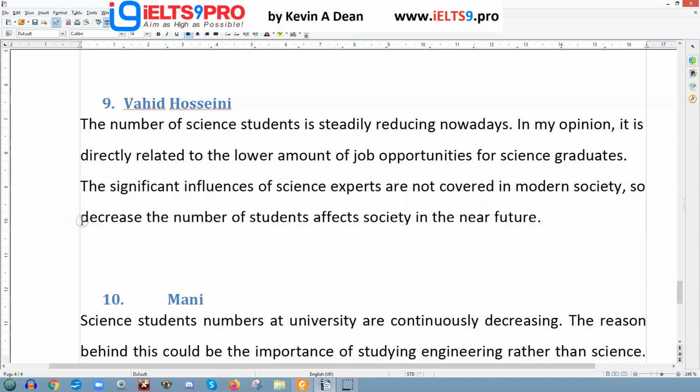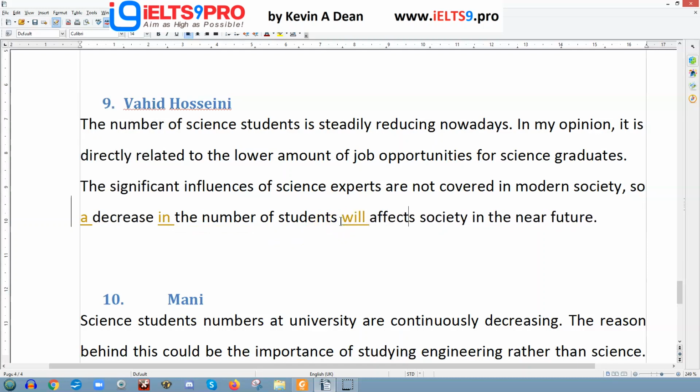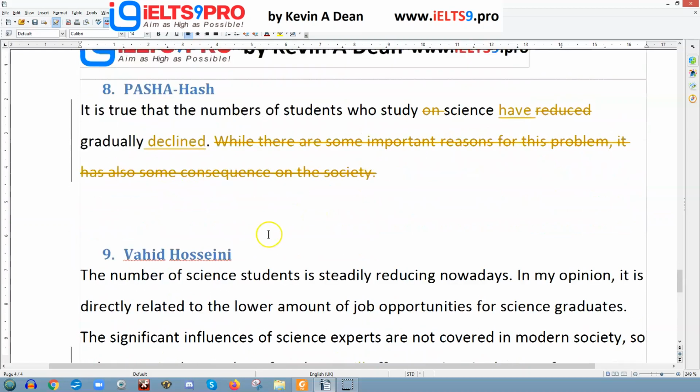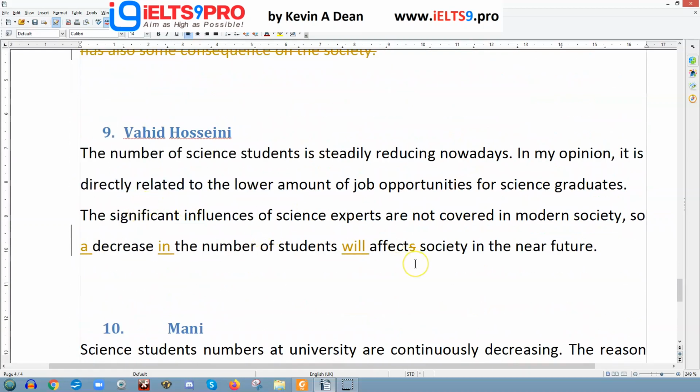So, a decrease in will affect in the near future. Now, you see the difference between this one and that. That one tells me nothing. This one tells me its answers for questions. Question 1, less jobs.